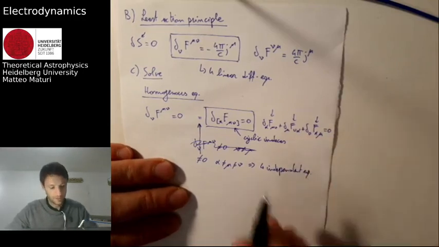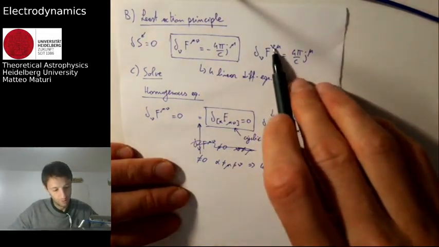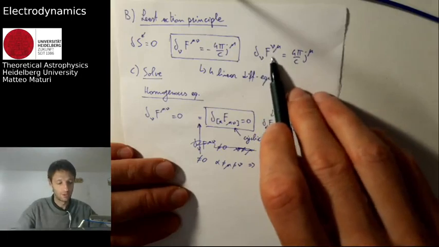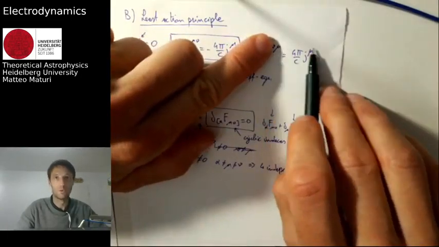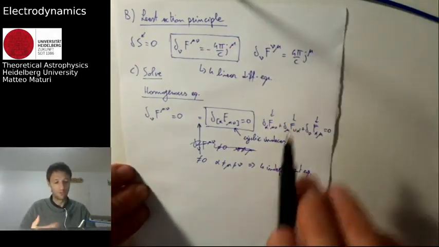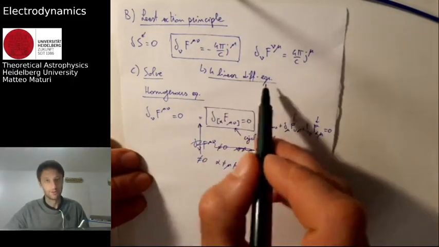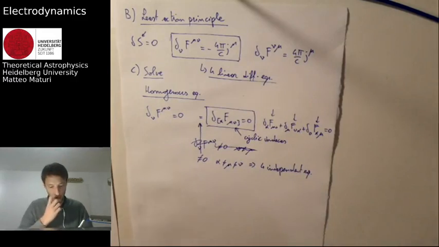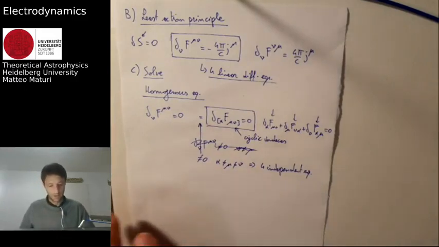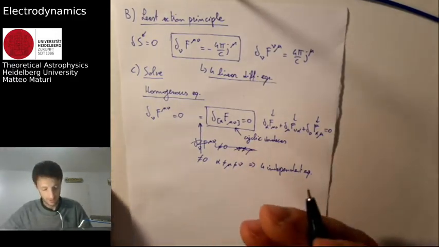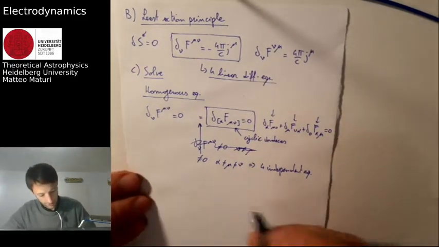Which makes sense, because you have the summation over ν, and you are left with an index μ, which corresponds to a 4-dimensional vector, and therefore 4 linear differential equations.